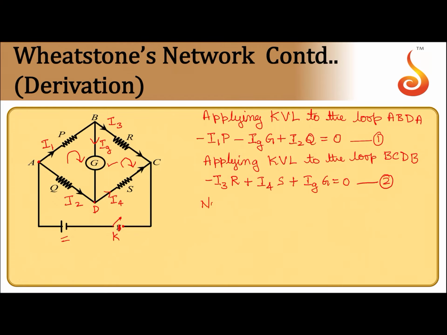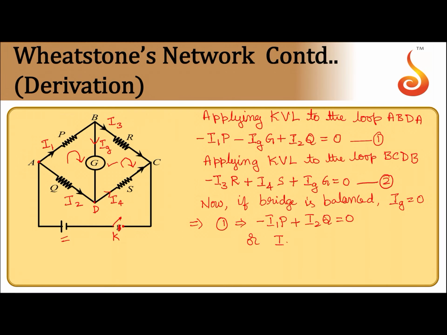Now, if the Wheatstone's bridge is balanced, then Ig should be equal to 0, which makes equation 1 become minus I1 into P plus I2 into Q is equal to 0, or we get I1P is equal to I2Q.